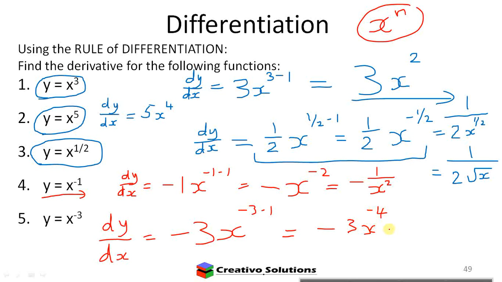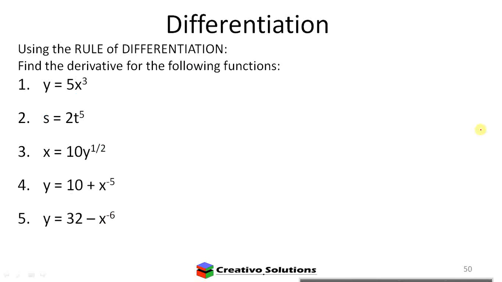Do you like negative exponents? No, so you could write this down as this. That's just an algebra step. Alright, happy with this? It's really simple, it's just practice now. So that's the process for looking at derivatives.